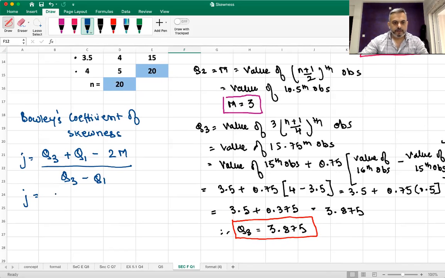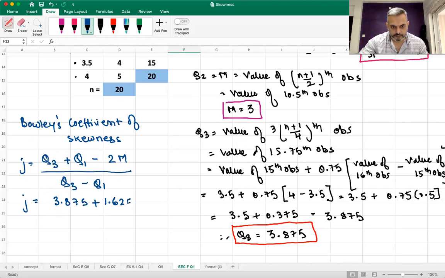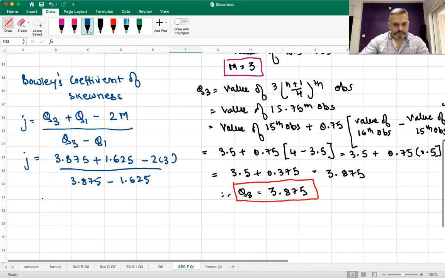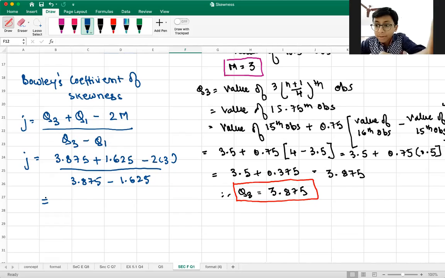So J is equal to Q3 is 3.875 plus Q1, which is 1.625, minus 2m, so 2 into 3, upon 3.875 minus 1.625, which is equal to minus 0.5.